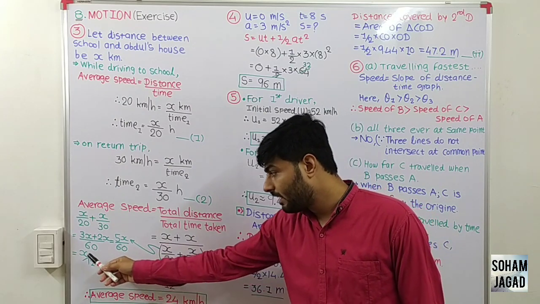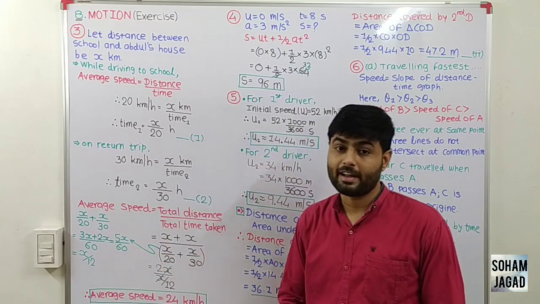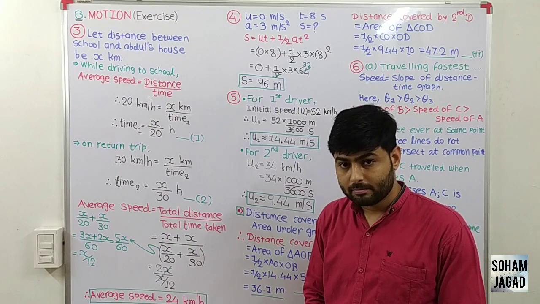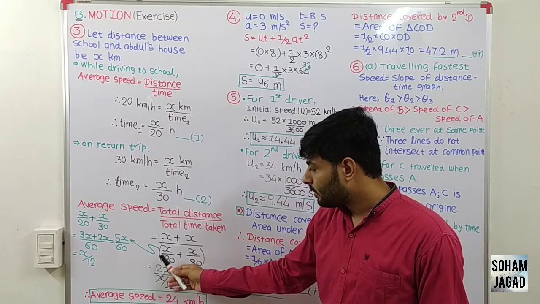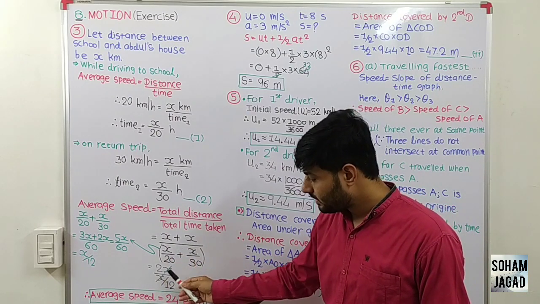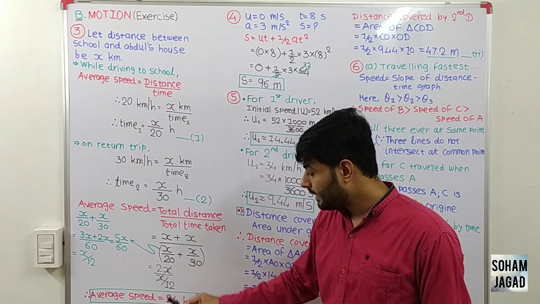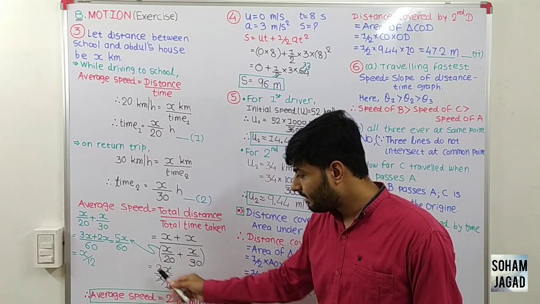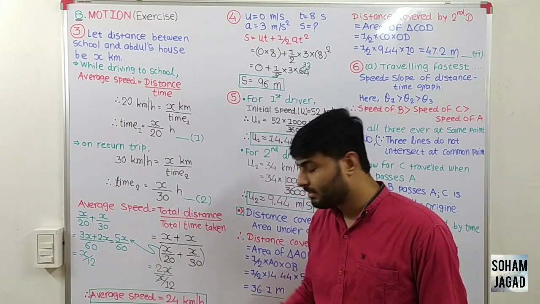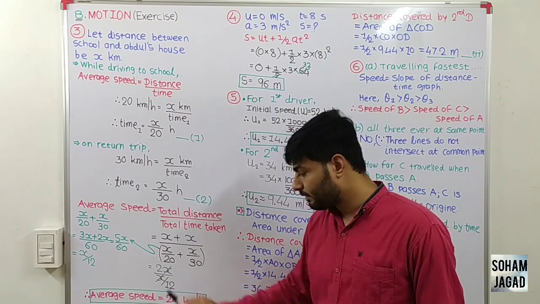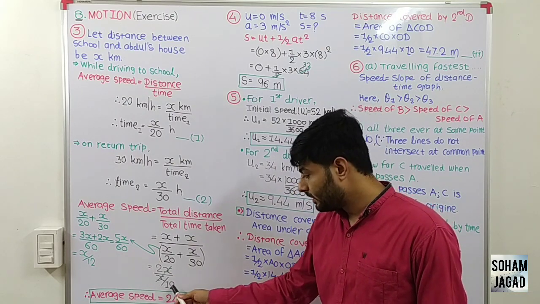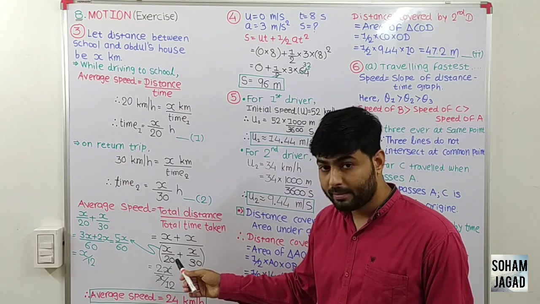So we get 5x divided by 60, which is x divided by 12, as total time. So I get x plus x, that is 2x, divided by x by 12. Here I write x by 12. So x will cancel and the denominator comes into the numerator.